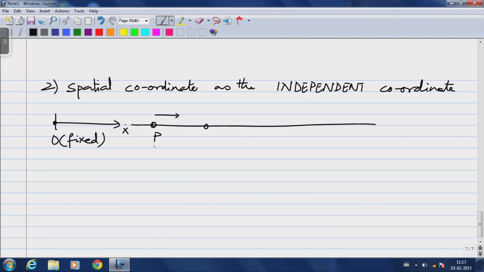So, in other words, let us take the old example of a car. I make observations of the car's motion at various positions. So, let us say this is at x equal to 1 meter, let us say this is 10 meters from the origin. So, this is x equal to 0, and this is some x equal to 11 meters.